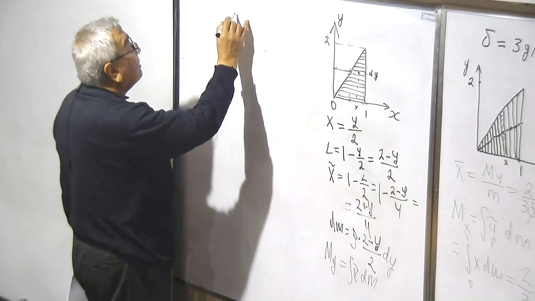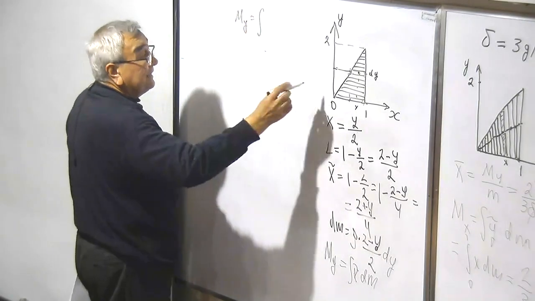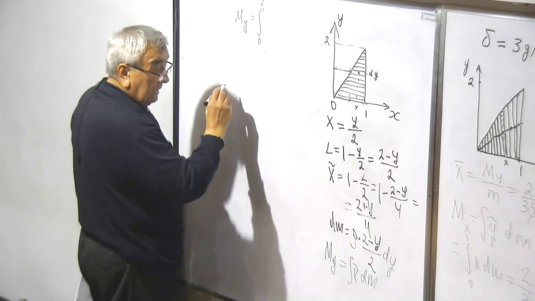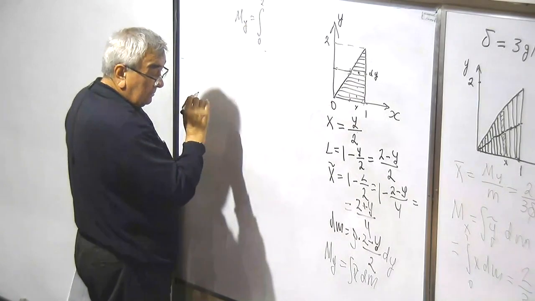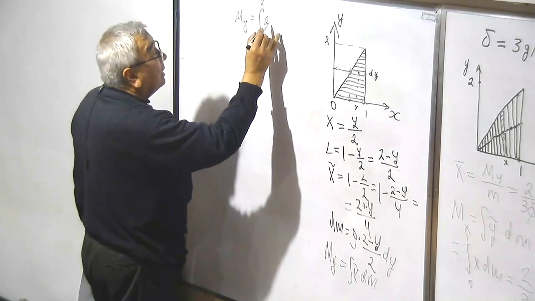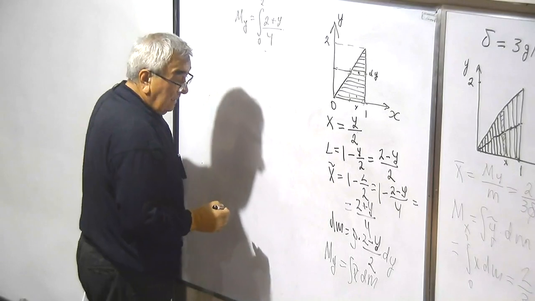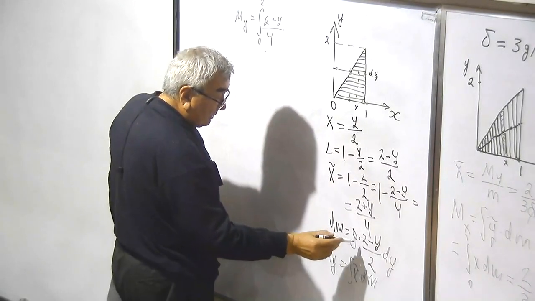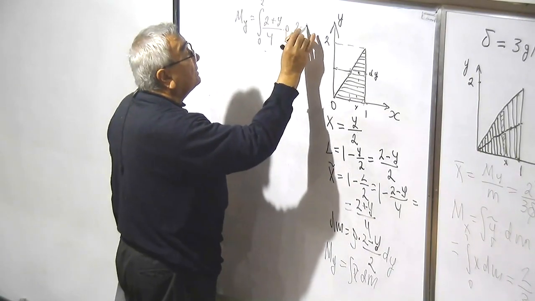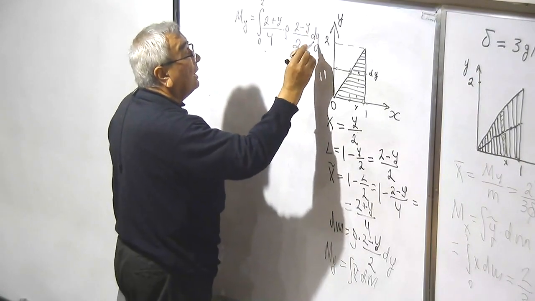So now my should be equal to the integration over y from 0 to 2 of x tilde equal to 2 plus y divided by 4, multiplied by dm, that means rho multiplied by 2 minus y divided by 2, and dy.